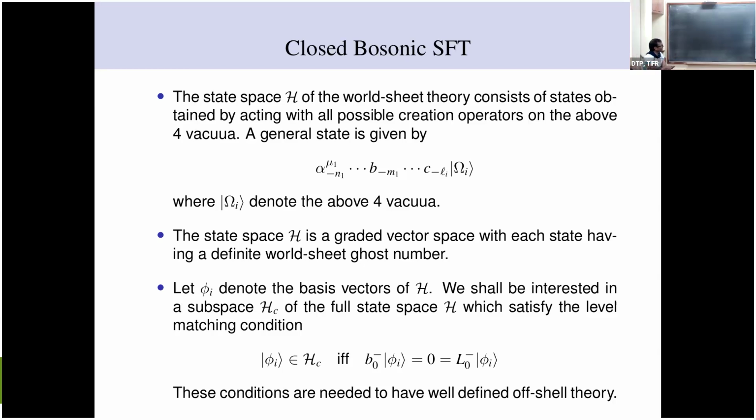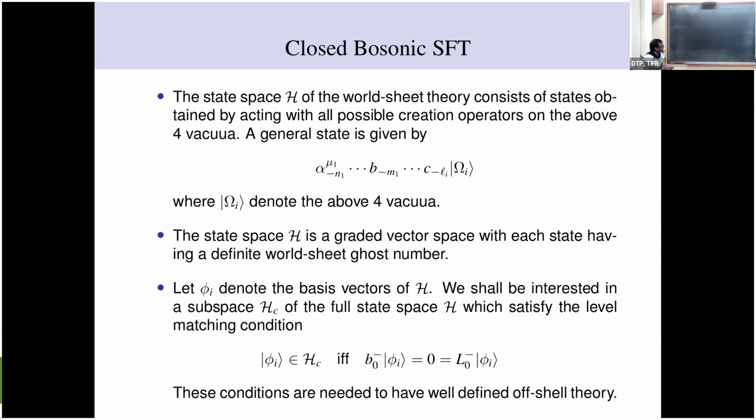This state space H, which consists of all these states, is a graded vector space with each state having a definite worldsheet ghost number. Let's denote by φ_i the basis vectors of this state space H.